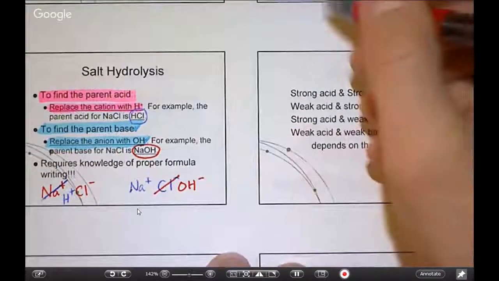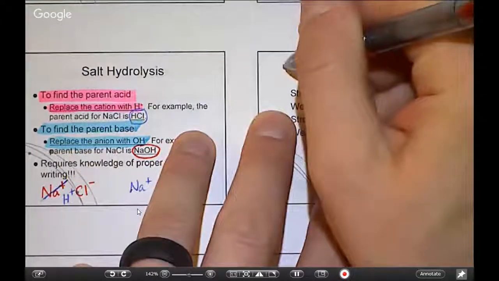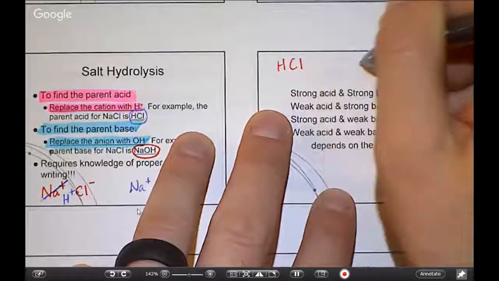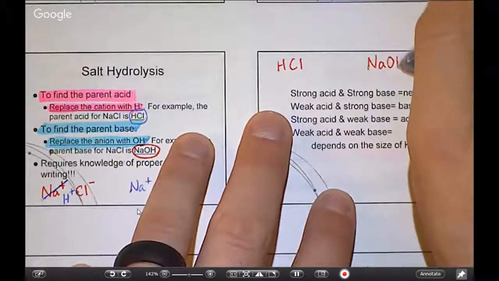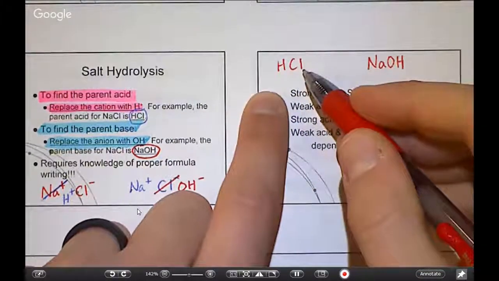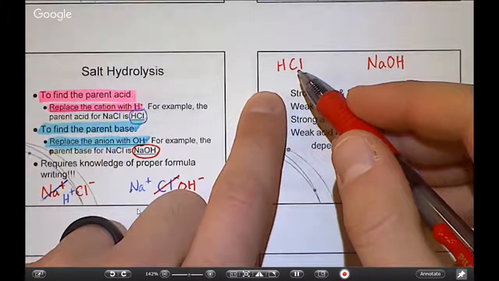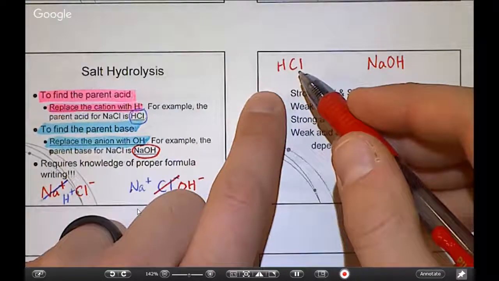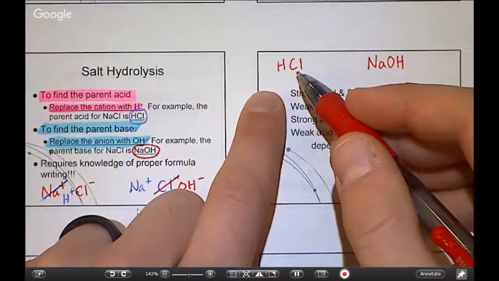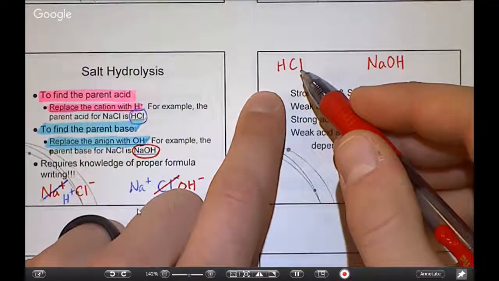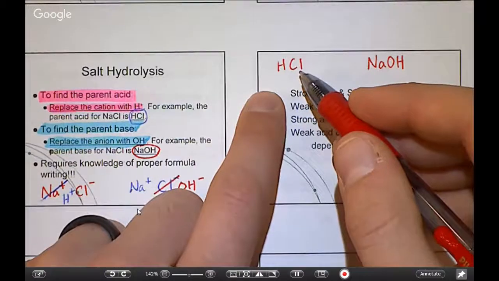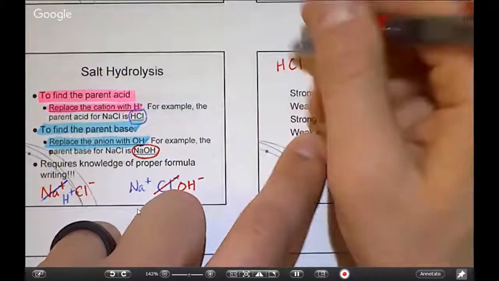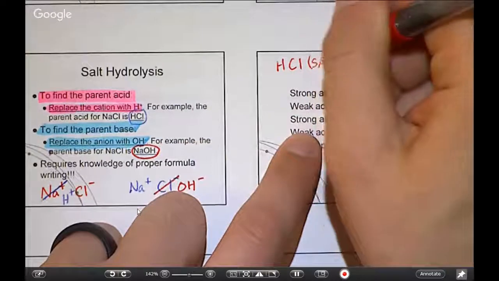In this case, we have HCl and sodium hydroxide. Hydrochloric acid, is that a strong acid or a weak acid? What do we recall from yesterday? Strong, weak. Which one? Strong. Okay, so HCl is a strong acid.